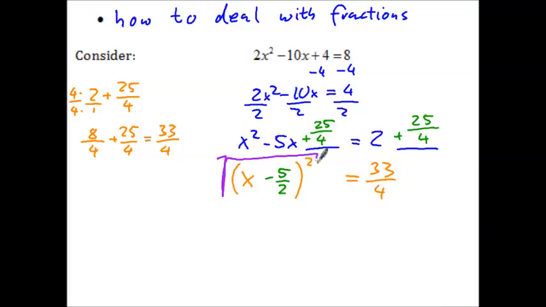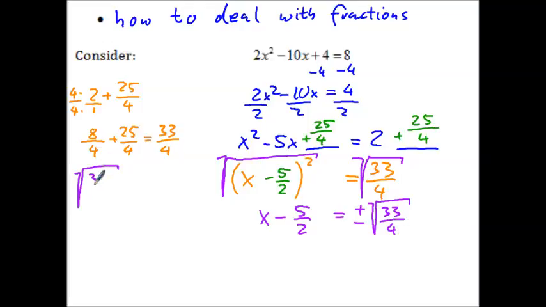Now we're going to solve our equation by taking the square root of both sides. And on the left, we just simply get x minus 5/2. Remember, the two operations cancel each other out, and we get plus or minus the square root of 33/4. Now let's talk about that number for a little bit here. The square root of 33/4 is the same as saying the square root of 33 over the square root of 4.